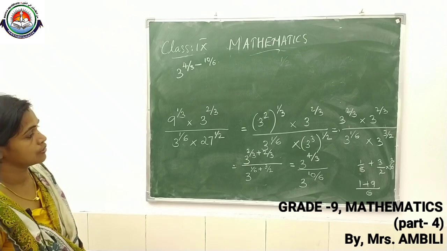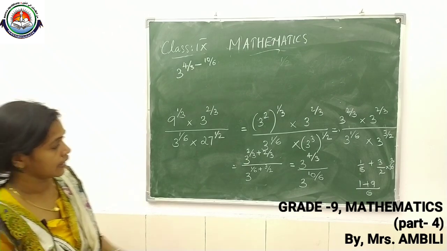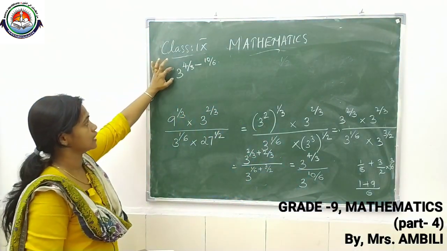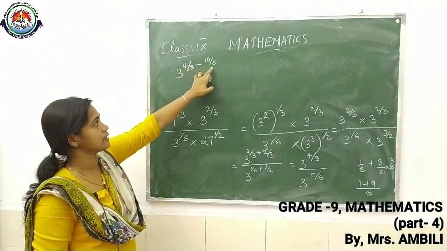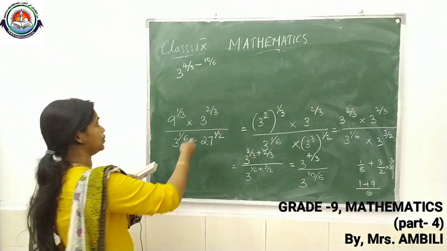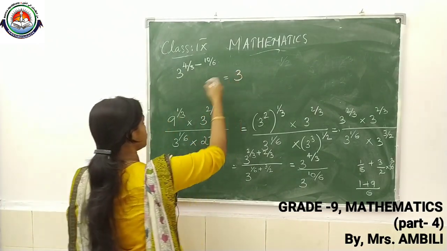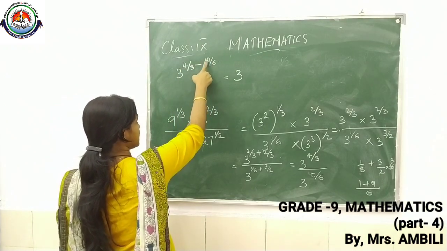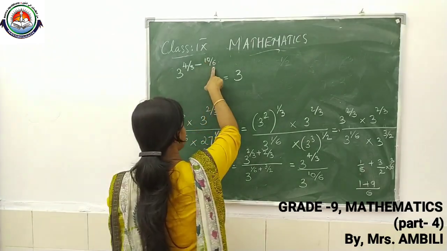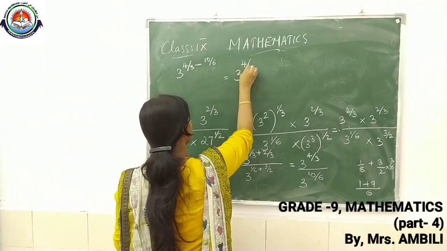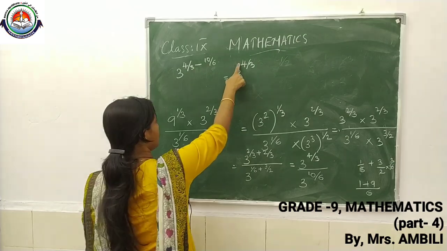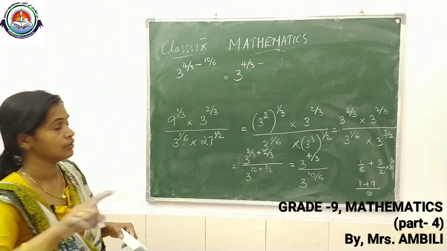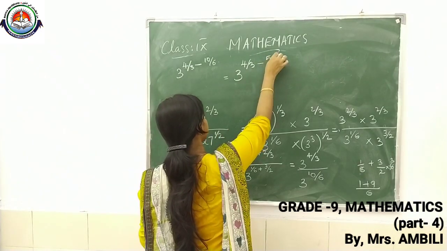Okay. 3 raised to 4 by 3 divided by 3 raised to 10 by 6, here the bases are equal, so we can write 3 raised to 4 by 3 minus 10 by 6. That is equal to 3 raised to, what is 4 by 3 minus 10 by 6? 10 by 6 you can write in simplest form, divide by 2, 5 by 3.